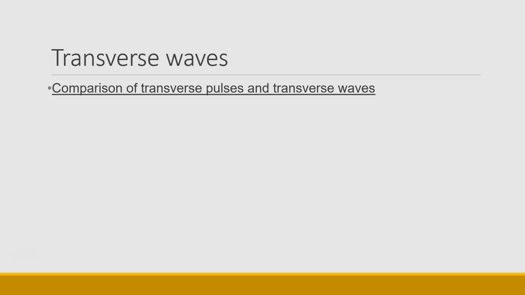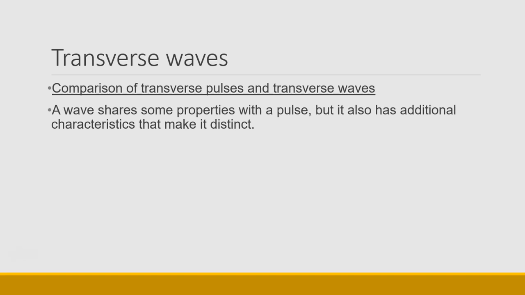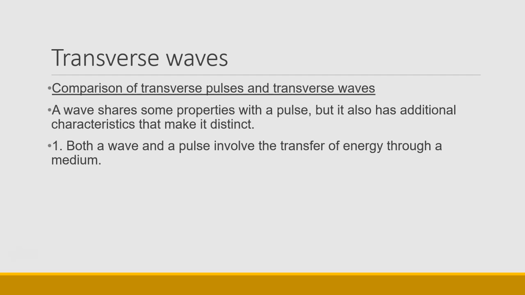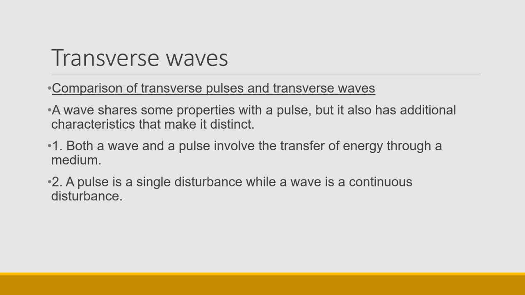Let's compare transverse pulses and transverse waves. A wave shares some properties with a pulse, but it also has some additional properties that we need to be aware of. So firstly, both a wave and a pulse involve the transfer of energy through a medium.